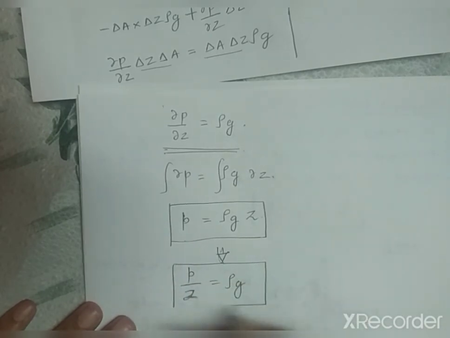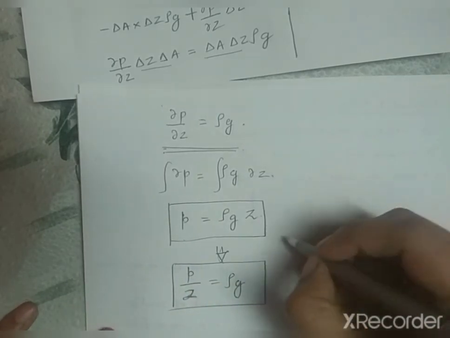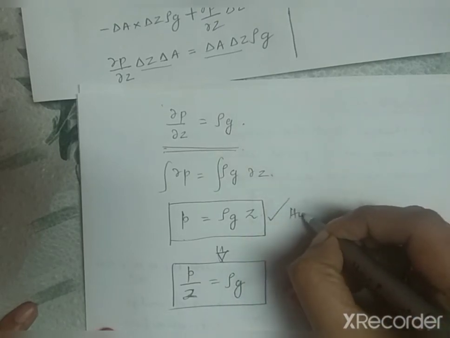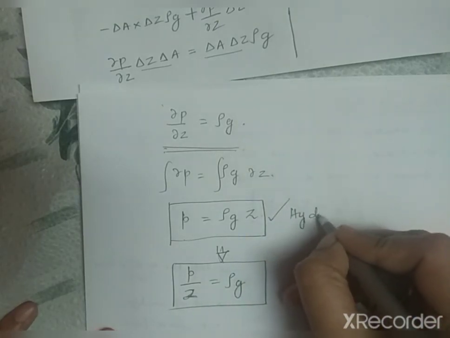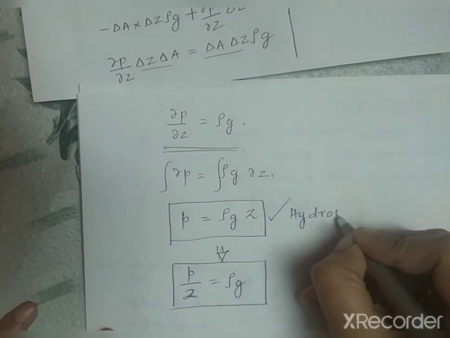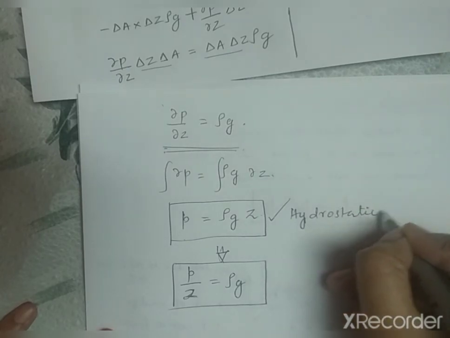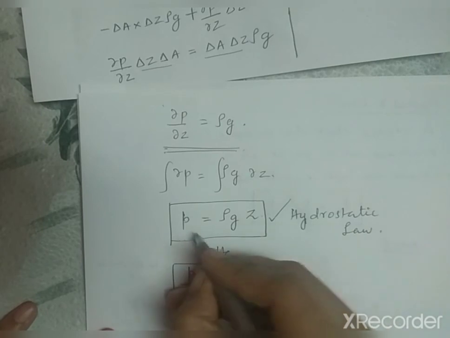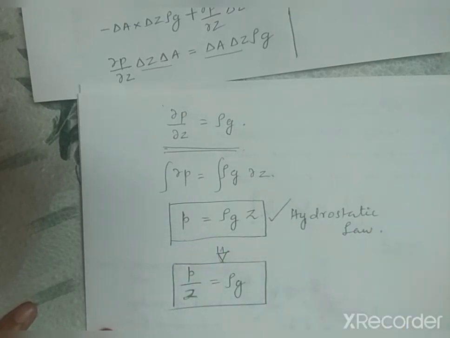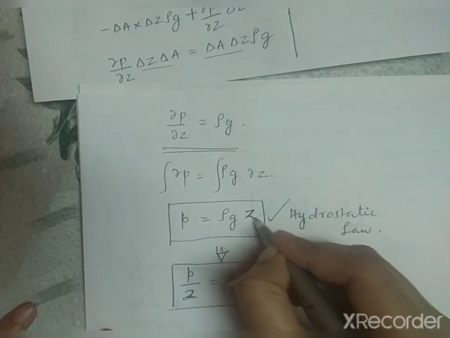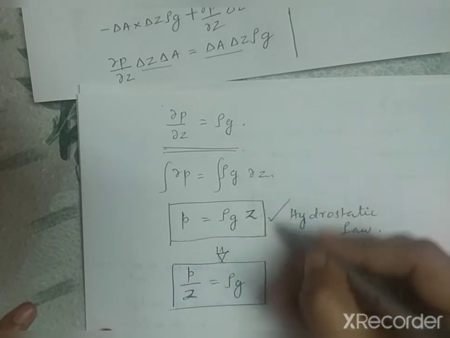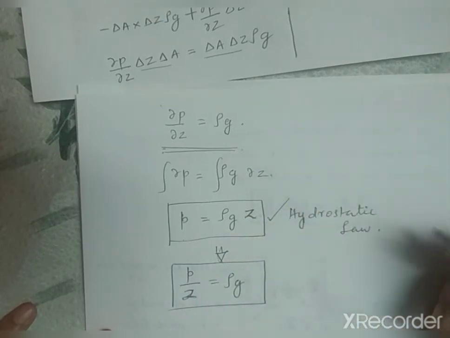This particular equation is known as the hydrostatic law. That is P is equal to rho g Z, where Z is the depth from the free surface of the liquid.